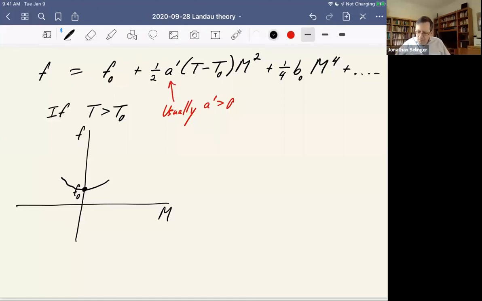And then we get to larger M, and then the quartic term becomes important. Now you're going to ask me also, we don't know the sign of B0. Is it positive or negative? Well, let's suppose it's positive.